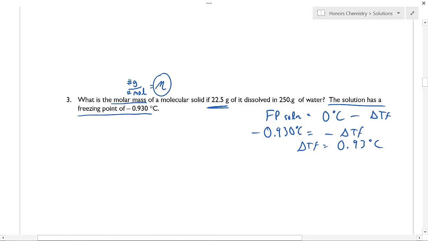And once you know that, you can go back and solve for the molality. And then once you know the molality, you can take that molality, which is just the number of moles divided by the kilograms of solvent. And once you know what your molality is, you can rearrange this and solve for number of moles, which is going to help you come back here and find the molar mass.